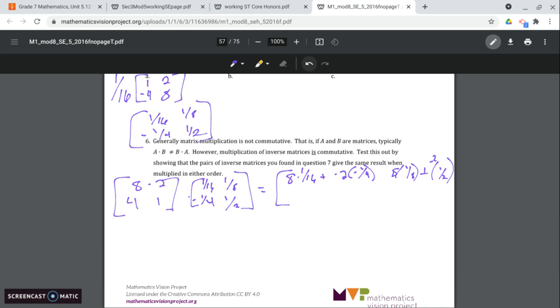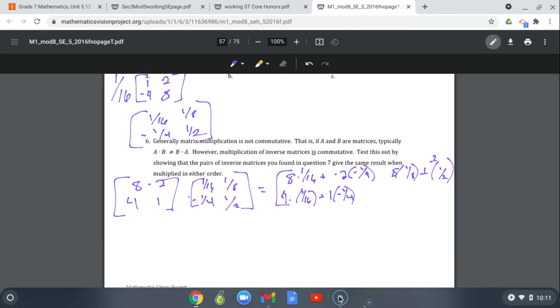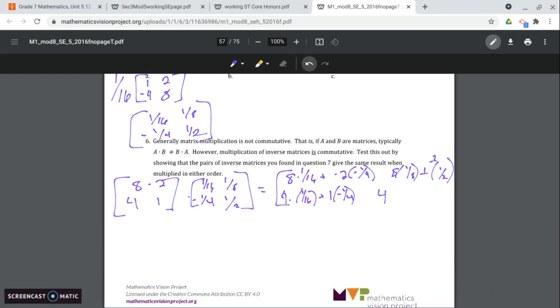All right, then so row by column, now we have 4 times 1/16 plus 1 times negative 1/4. And then take the 4 times 1/8 plus 1 times 1/2.